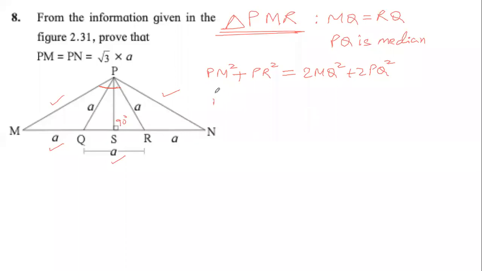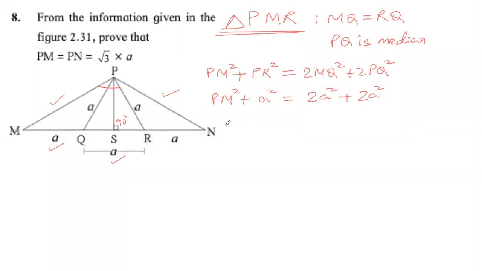PM, we don't know. Okay, let it be. PR is given as A square. MQ is given as A, so 2A square. PQ is also A, so 2A square.